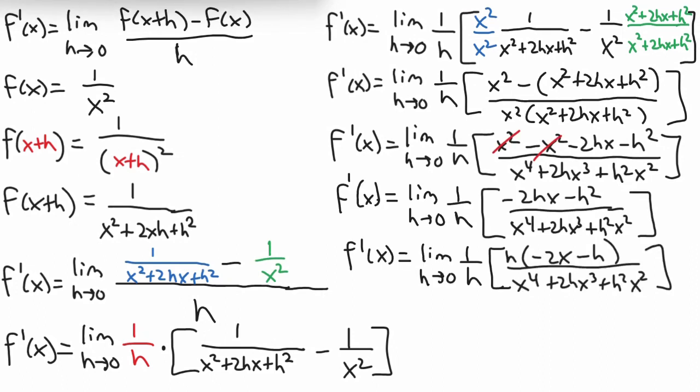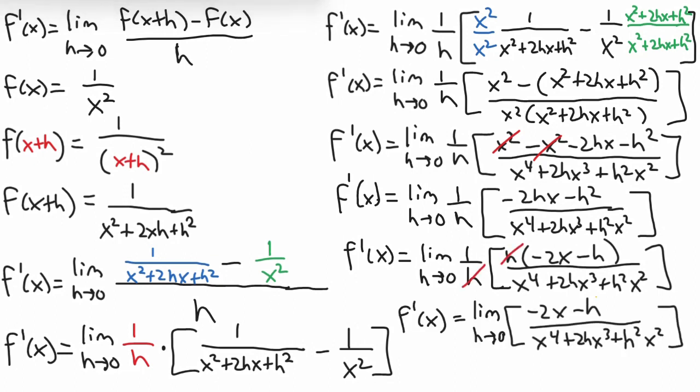Factoring an h out of the numerator, our h's cancel. Now we can plug in 0 for all the h terms. So these are all going to 0. So then our limit simplifies to that. One of the x's cancels out, and you just have negative 2 over x cubed.